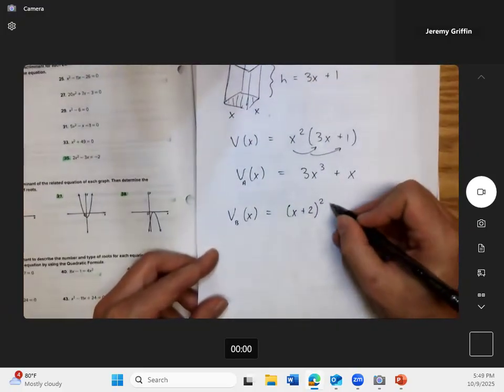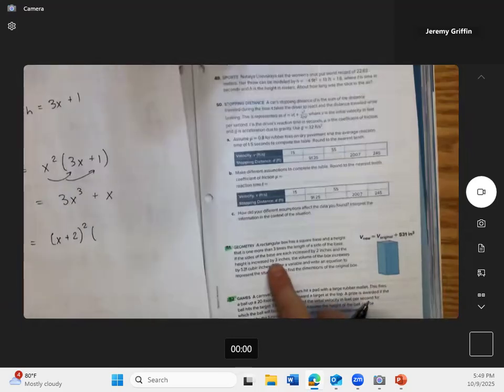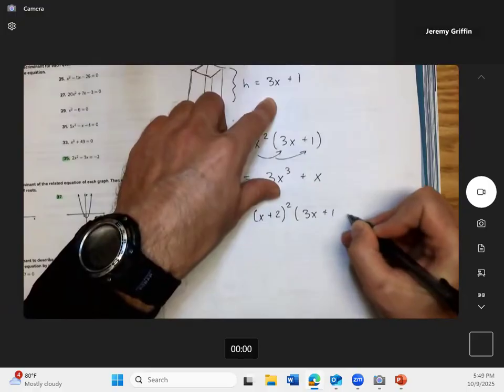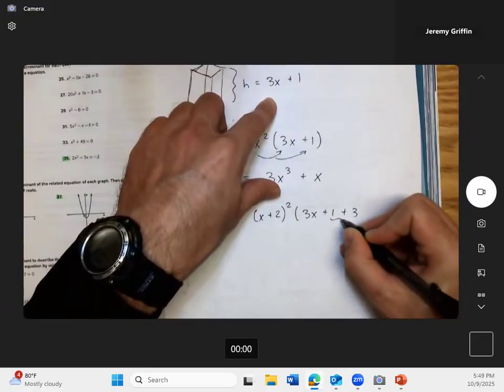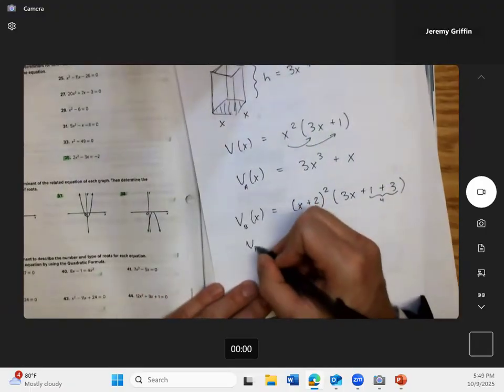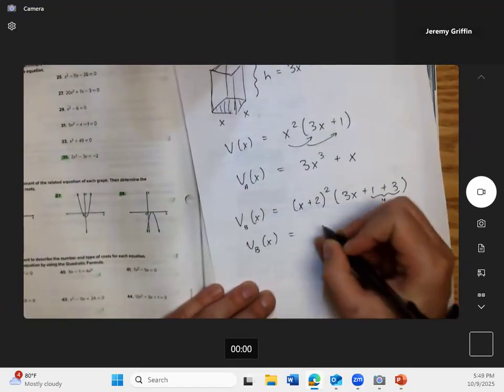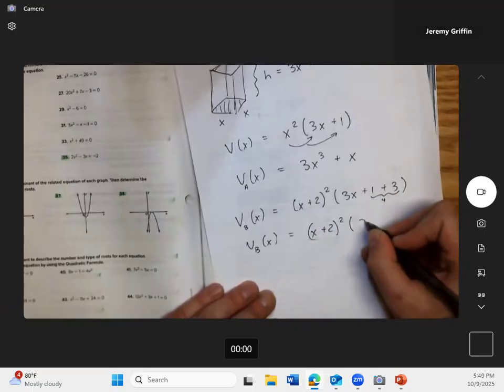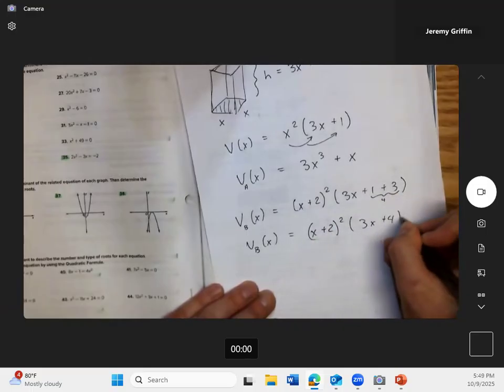And then we said we're increasing the height by 3 inches. The original height was 3x plus 1, but this is plus another 3 inches, so plus 4. So volume of box B as a function of x is x plus 2 squared, times 3x plus 4.